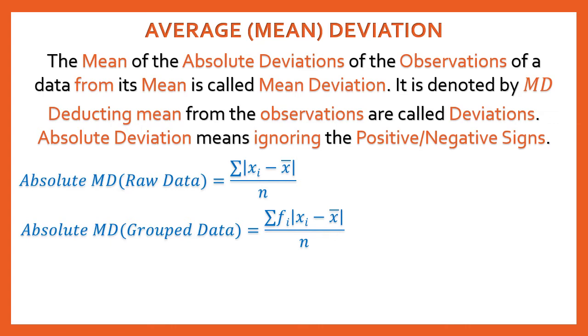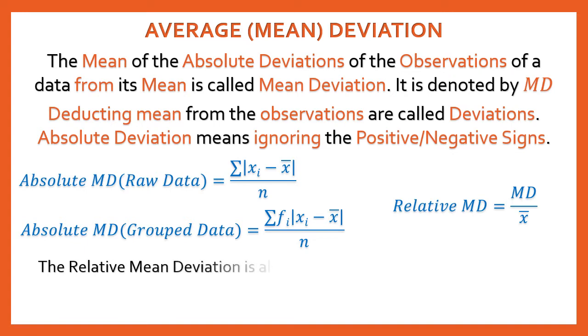So these are the absolute MDs. And for these absolute MDs, the relative MD is simple, MD upon x bar. It doesn't matter whether it's raw data or group data. Take MD, divide it with x bar, and that would be your relative MD, otherwise known as the coefficient of mean deviation.